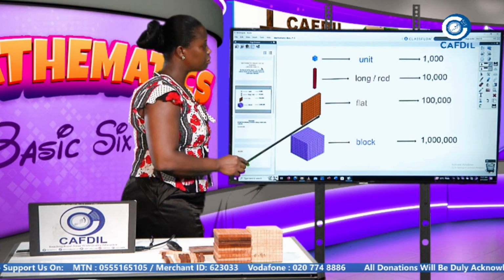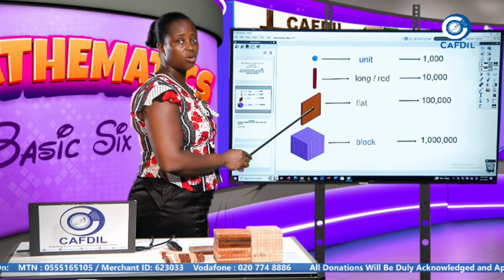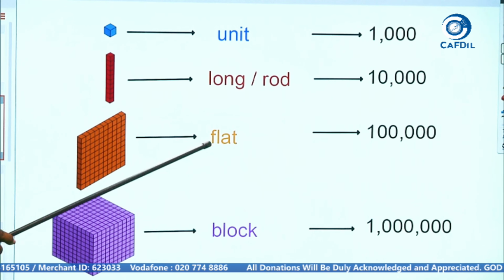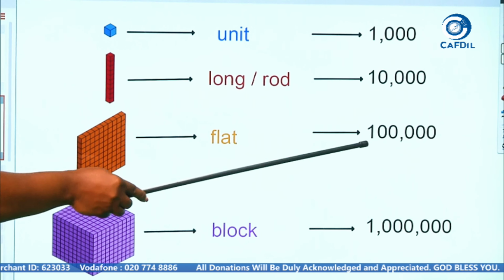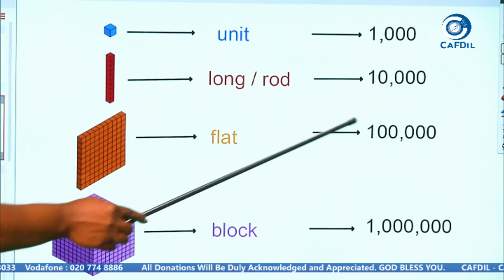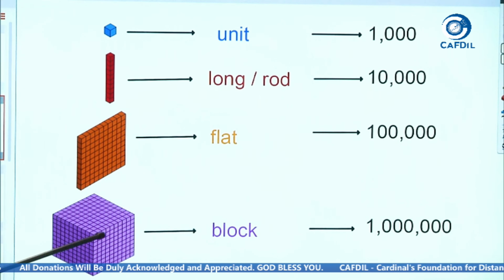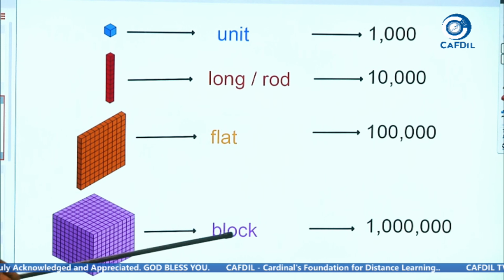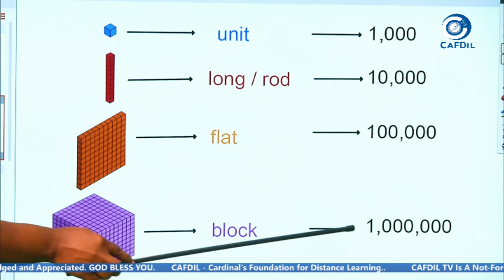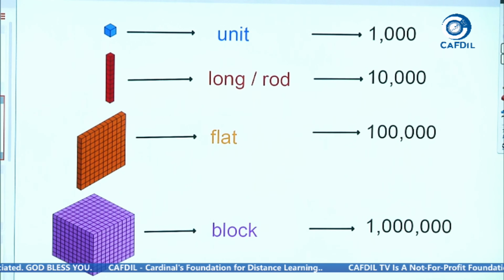You remember I showed them to you. This is the flats. And the value is 100,000. We have the block. And the value is 1 million.